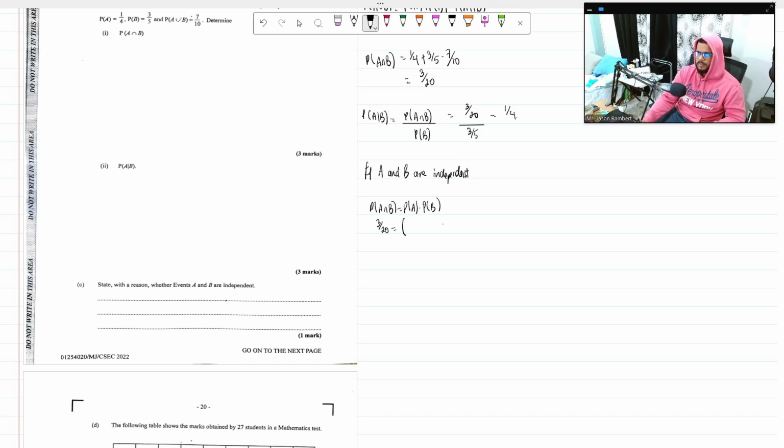Is it equal to the probability of A multiplied by the probability of B? Yes, it is. So 3/20 is equal to 3/20. Therefore, A and B are independent events. Cool.